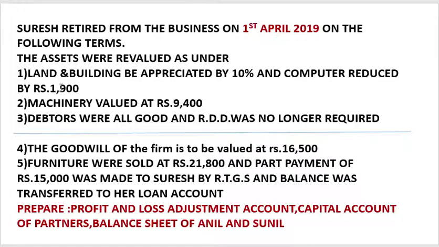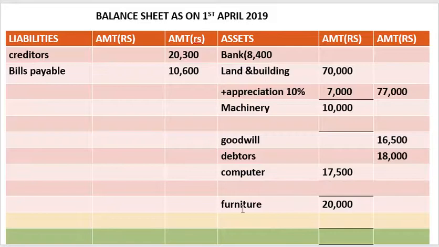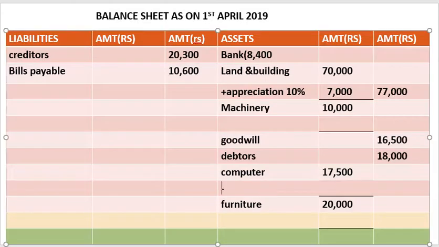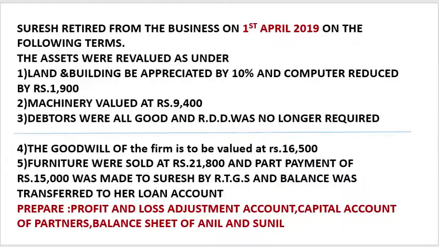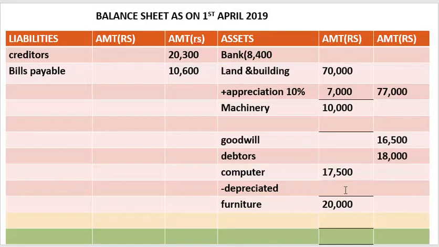Next, computer reduced by 1900. Computer reduced means depreciated by 1900, means minus 1900.